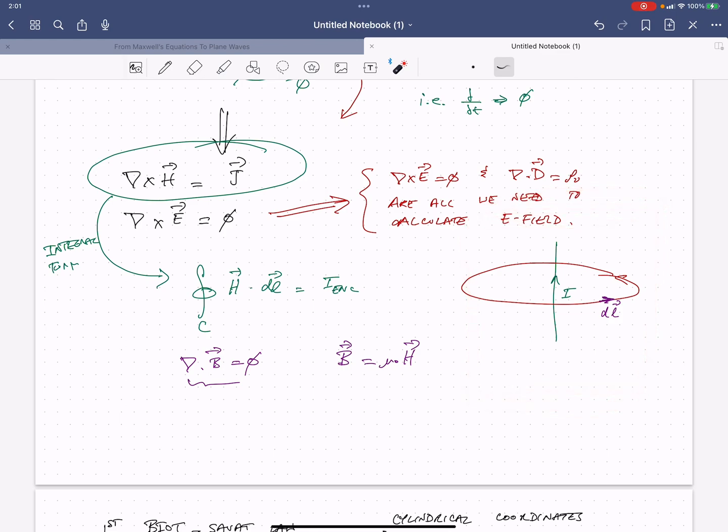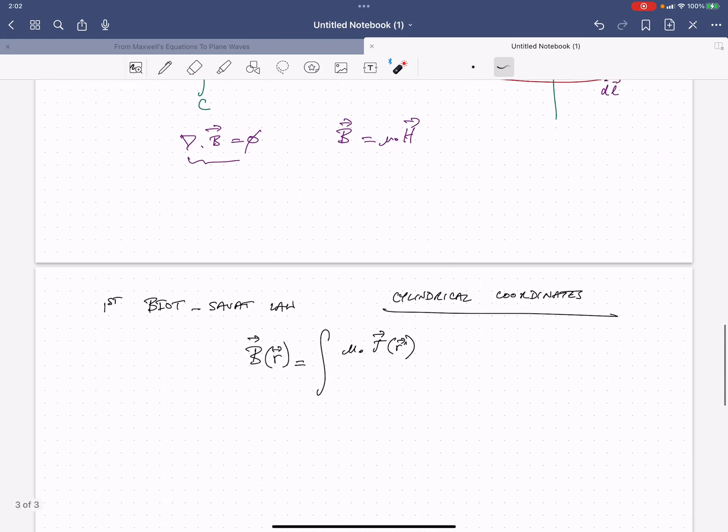So typically we see cylindrical coordinates used a lot with magnetic fields. So think in terms of cylindrical coordinates.